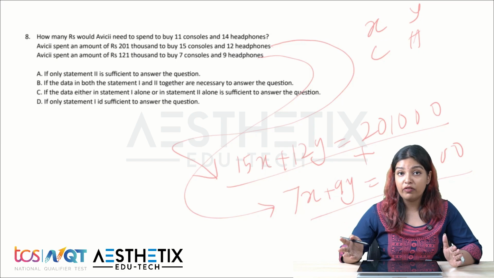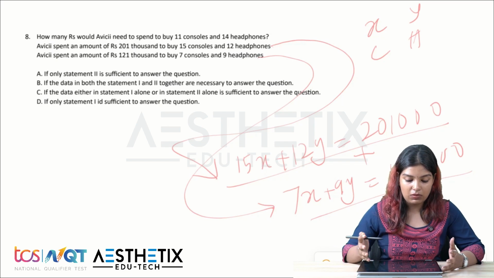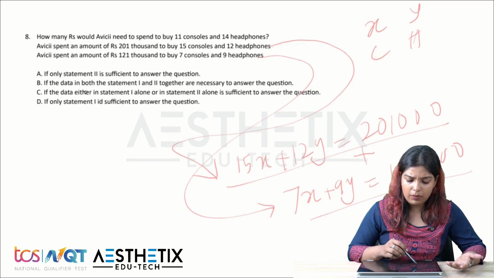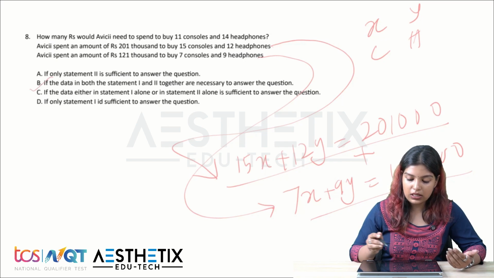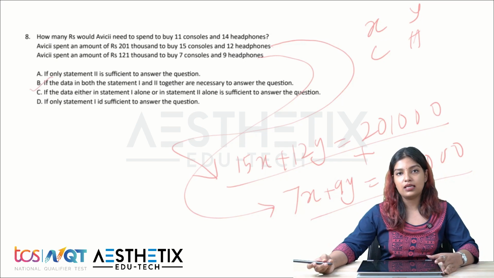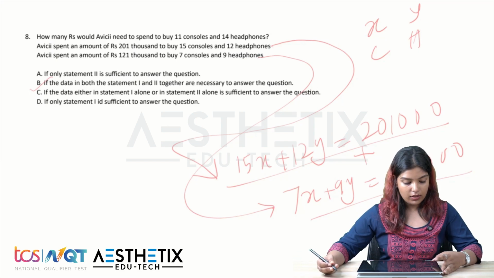Okay, we need not find the value of X and Y separately, because the question is just to see whether we can find the answer or not using the statements. Okay, so the correct answer will be, we can find the answer using both the statements. If the data in both statement 1 and 2 together are necessary to solve the answer, it is option B. The right answer is option B.